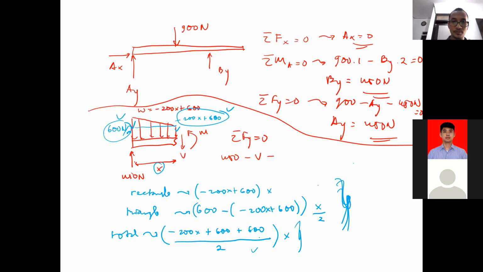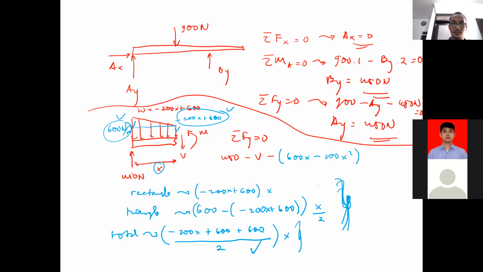So I think I will just use this one. In this case, what I have is 600x minus 100x squared.